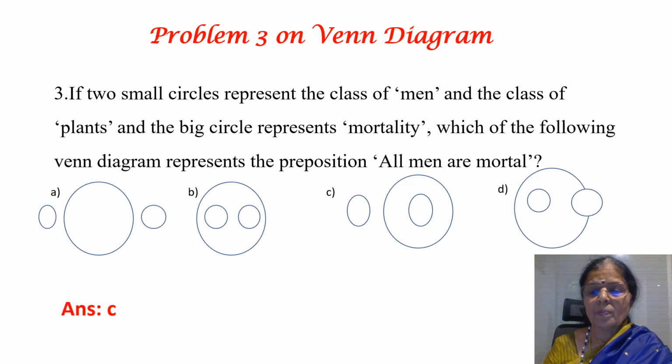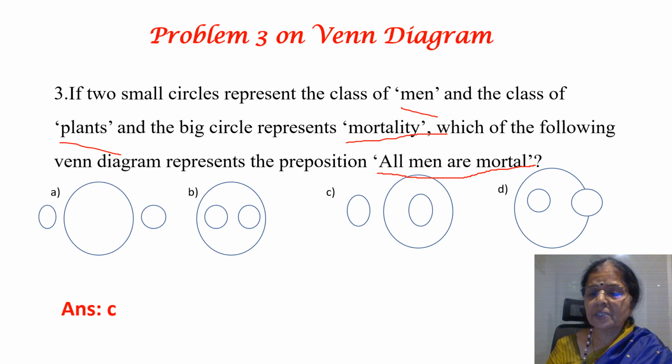Now, the third problem, which says: if two small circles represent the class of men and the class of plants, and the big circle represents mortality, which of the following Venn diagrams represents the proposition all men are mortal? What does this proposition mean?